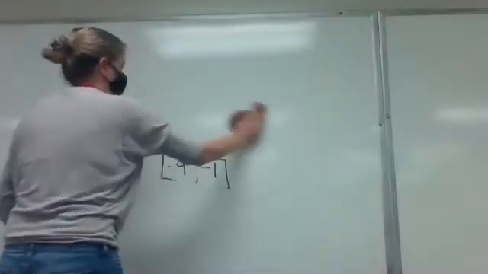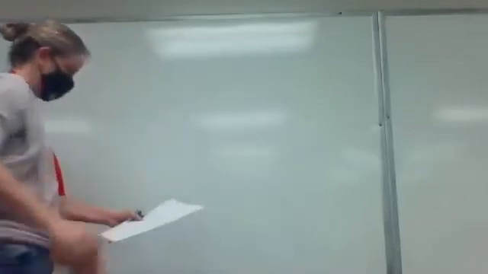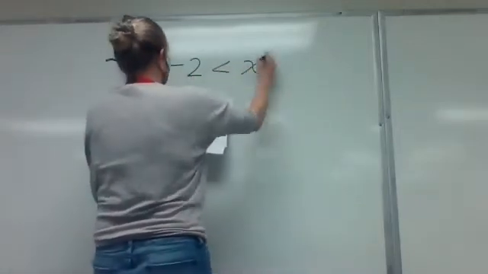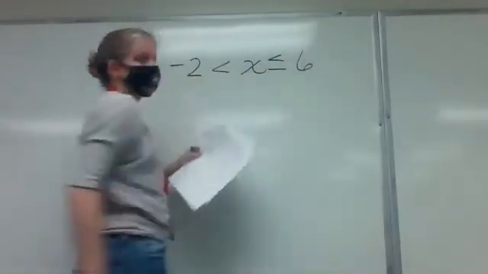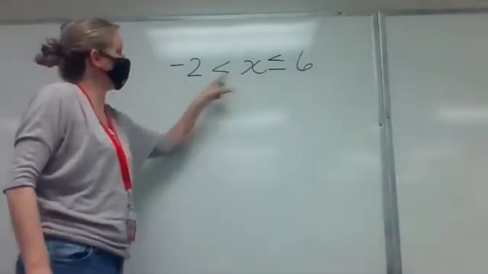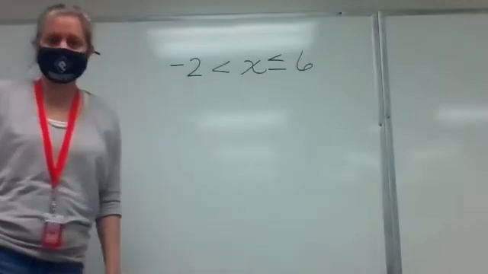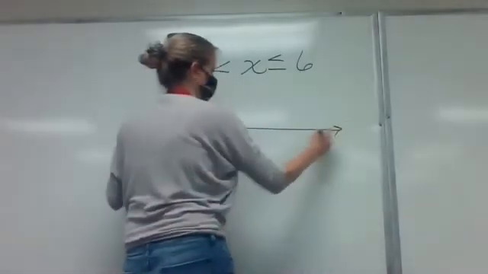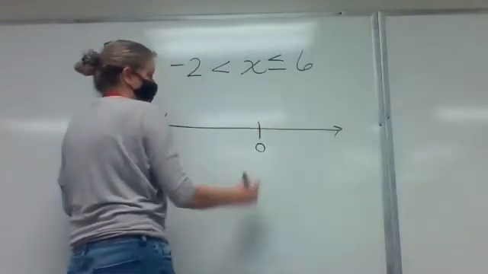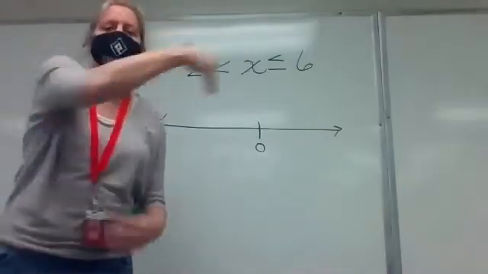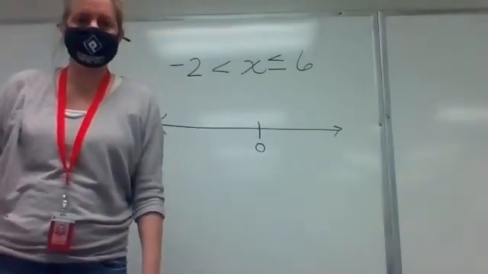Number 6 is like this one too. -2 less than x, which is less than or equal to 6. So again, this one, what's your x in between? -2 and +6. Here's my 0. And again, I like to always put the 0 just because I like to separate the graph from the negative numbers and the positive numbers.